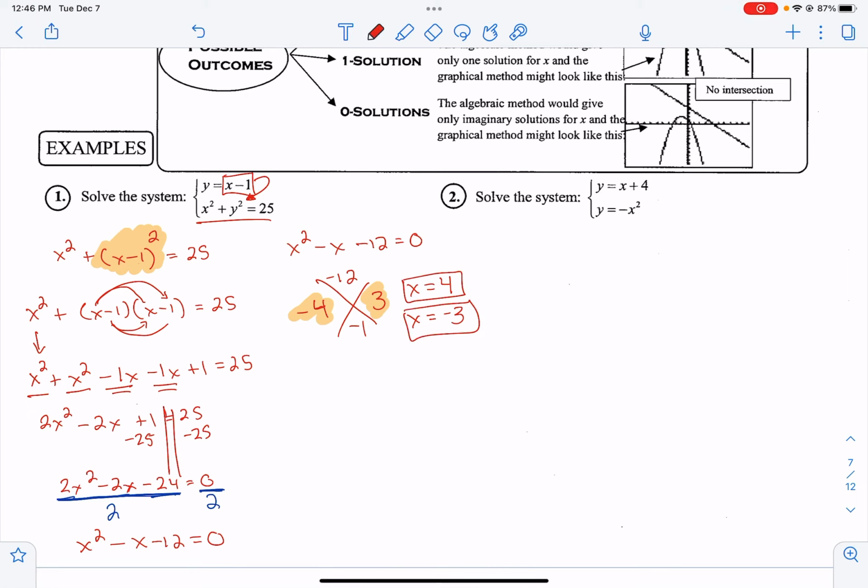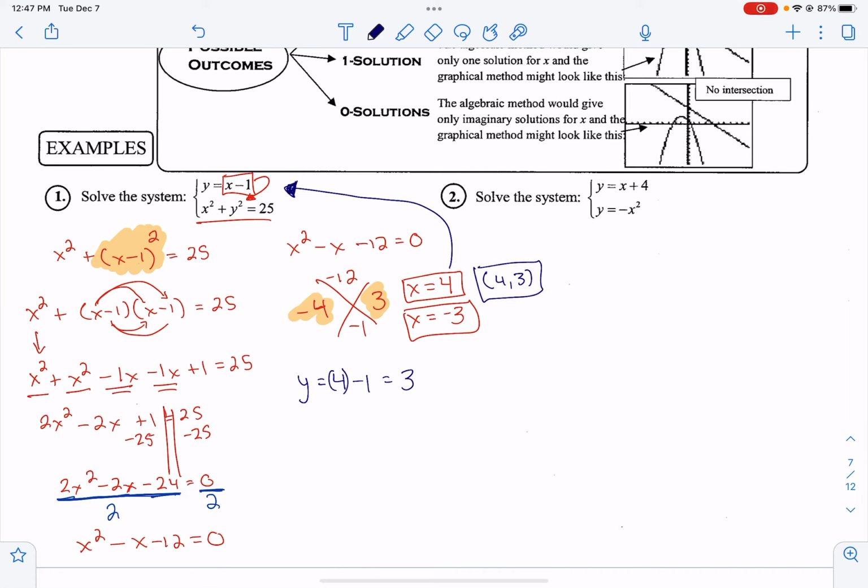Now that I know my x's, I'm going to take those values and plug them into my original equation. And I'm going to plug them into the one on top because it's a lot nicer to work with. So y equals x minus 1. I'm going to plug in a 4 right there. And when I do, 4 minus 1 is 3. Well, that's easy. So when x is 4, y is 3.